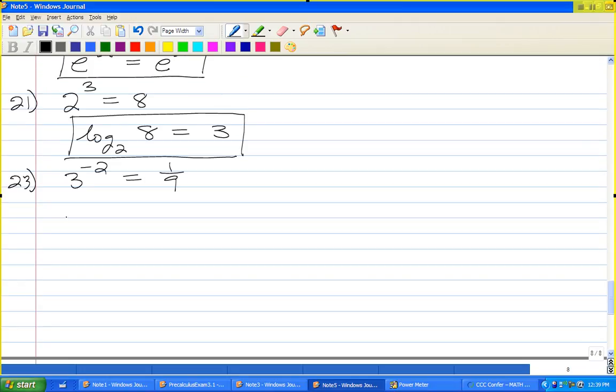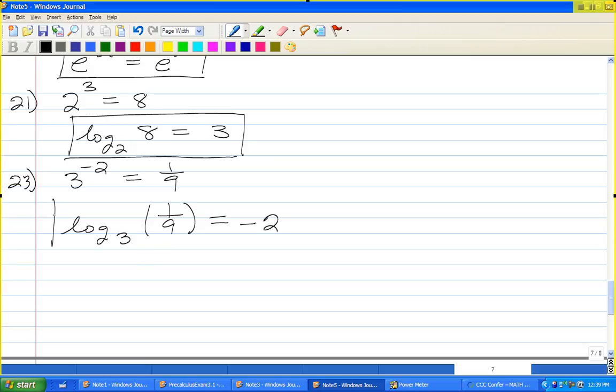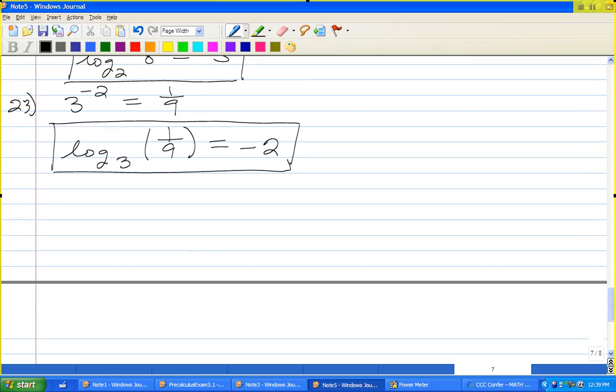So this can be written in logarithmic form. The log base 3 of the result, 1 over 9, is the exponent negative 2. So the log base 3 of 1/9 is negative 2. 25.